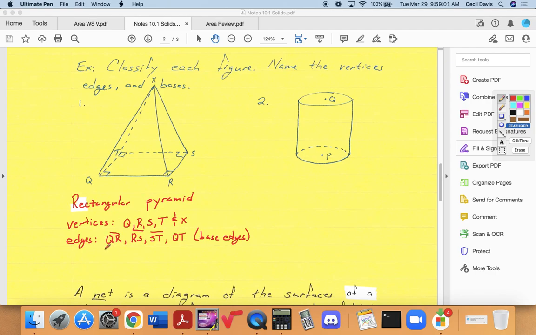And then there are 4 other ones, XQ, XT, XR, and segment XS.